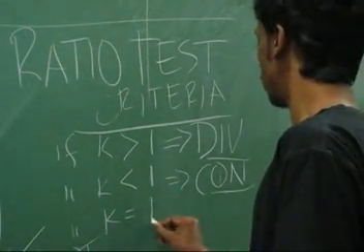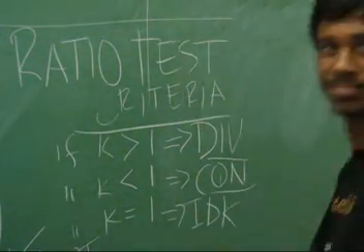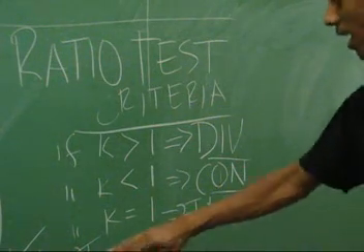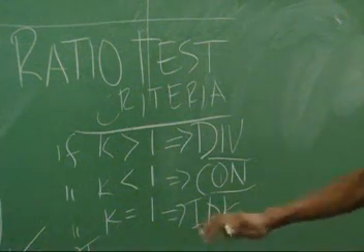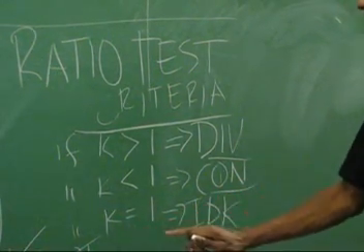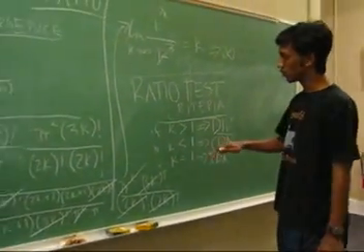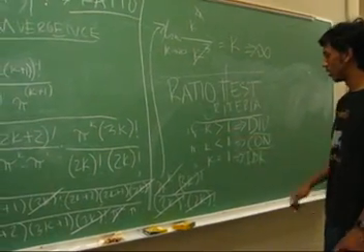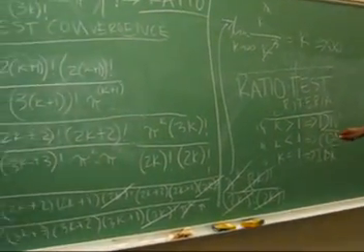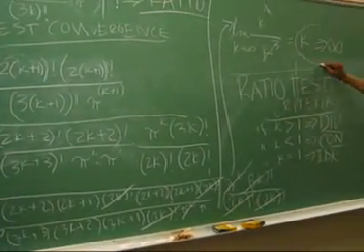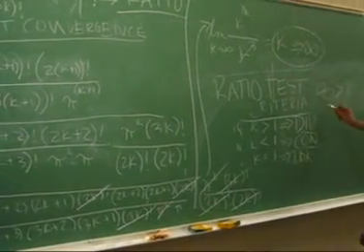If it is equal to 1, you really don't know, and you have to try a different method. So if it's greater than 1, divergent; less than 1, convergent; equal to 1, you don't know the answer. In this case, the limit is infinity. Infinity is greater than 1, so it diverges.